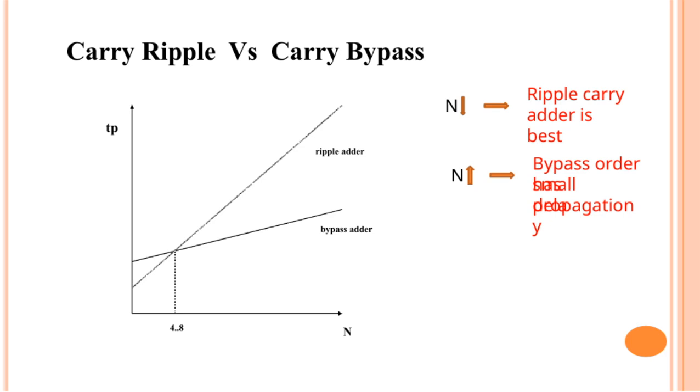This means the bypass order effectively reduces the propagation delay. However, despite this improvement, the ripple carry adder is often considered the best choice for simpler or smaller designs due to its simplicity. So, while the carry bypass adder offers better performance in some cases, the ripple carry adder remains a solid and widely used option.